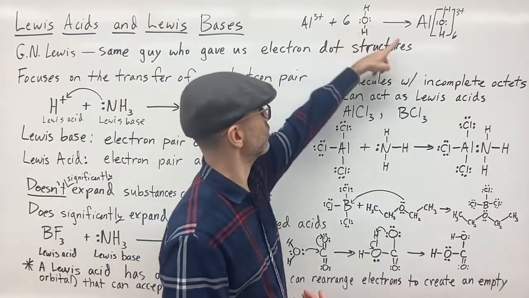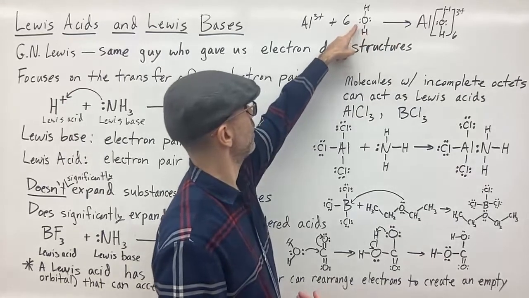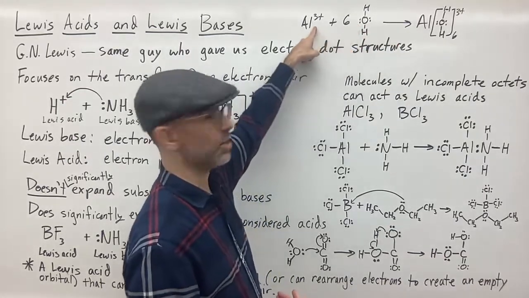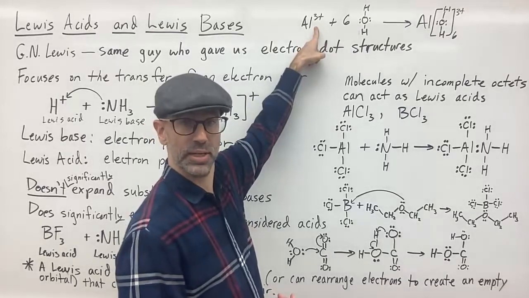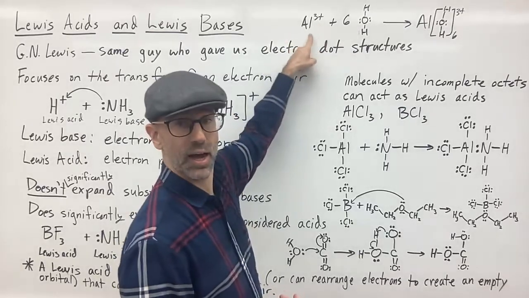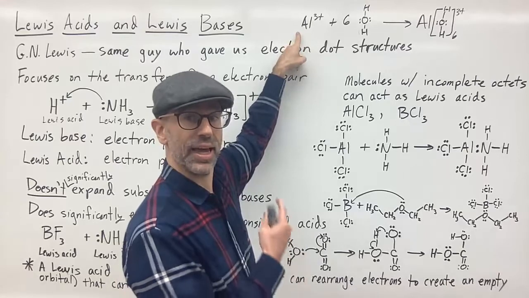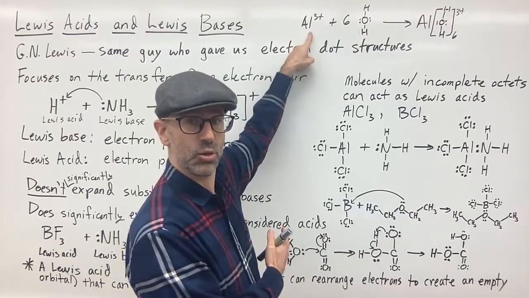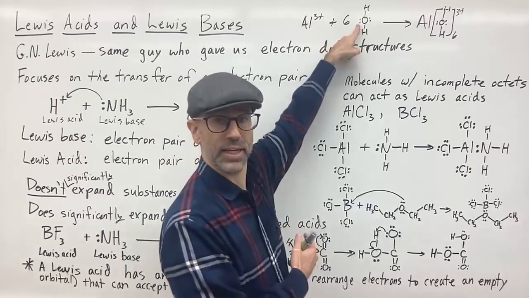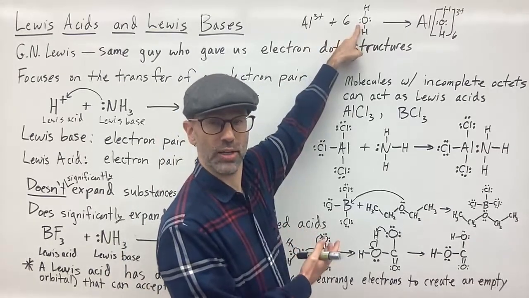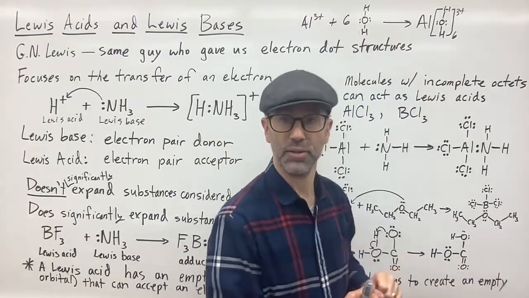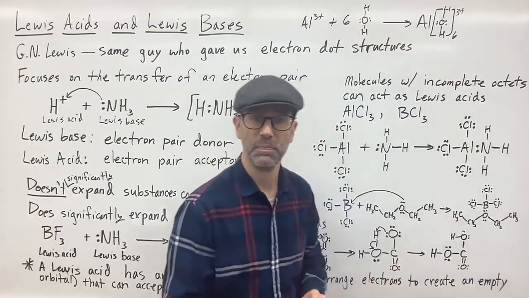So those 6 waters can donate electron pairs to the aluminum, and so thus being an electron pair acceptor, aluminum now becomes the Lewis acid, and being the electron pair donor, water is the Lewis base, and we form this complex with aluminum and water.